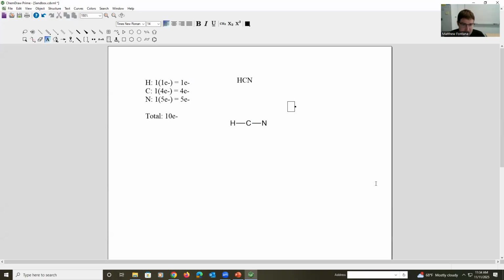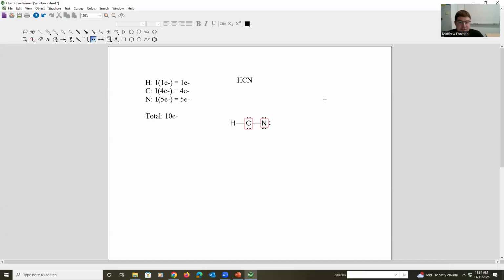We form single bonds to the central atom, and then we have to make sure everything has an octet. Let's start with hydrogen. Hydrogen needs a duet, and it already has it because it has two electrons. Carbon does not have an octet. It only has two and four electrons on it, so we have to get to six and eight. Nitrogen only has two electrons on it as written. So we start with the two electrons from the single bond, and then we add one, two, three lone pairs on the nitrogen.